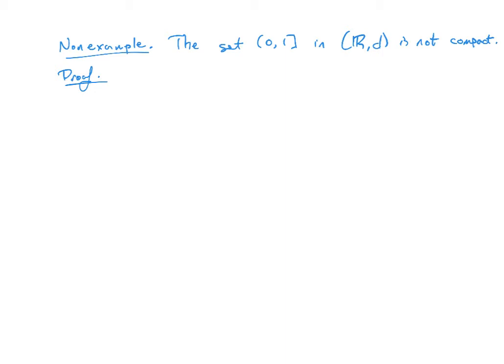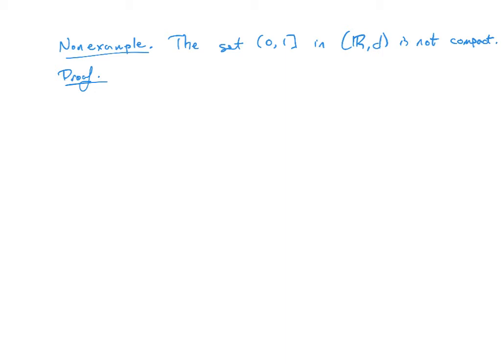Now, what do we need to do to show that something is not compact? We need to find an open cover that doesn't have a finite subcover. Exactly. So we get to make the open cover. Some open covers might have finite subcovers, but that doesn't mean anything.